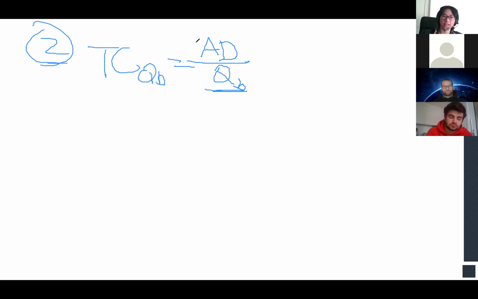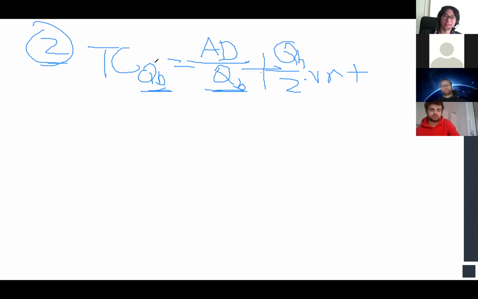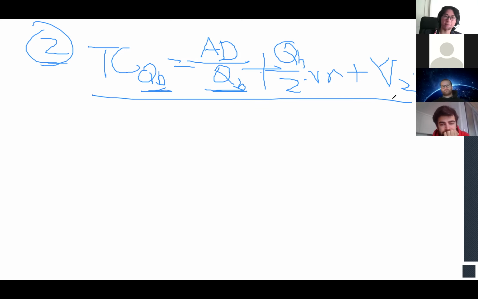QB here is 300, A and D are all given, and this is our inventory holding cost. And it's QB here, 300. Since we're sitting right at the discounted point, we use the discounted price. I'll just say V2 times D. This is the first point we're considering.